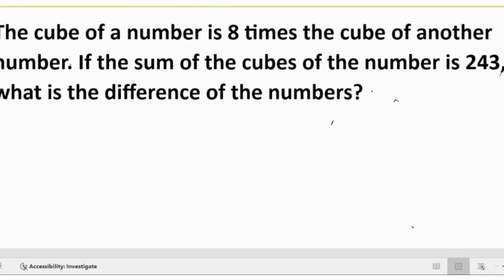Of course, we don't know the value of these numbers, so we need to take two variables, x and y, for us to solve this problem. And therefore, we are saying if we cube y, it will be equivalent to 8 times the cube of another number, x.